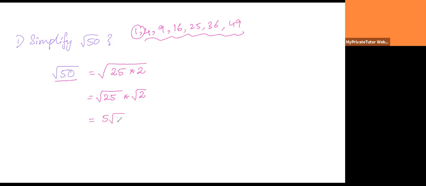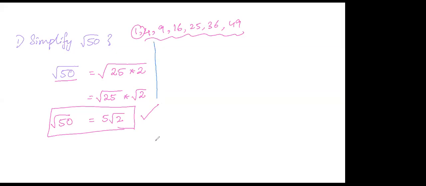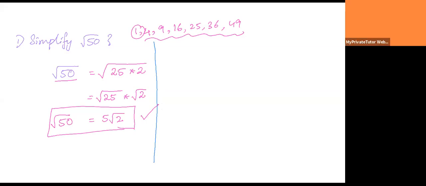So the answer is 5 root 2. So if you simplify square root 50, we'll get this. Hope everyone understands. Let's try one more. Yes, sir. Understood, sir. Very good. So let me know if you have any questions, anyone. I'm happy to answer your questions.